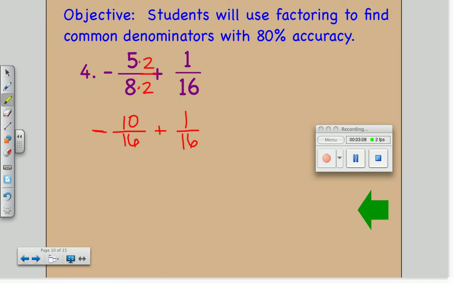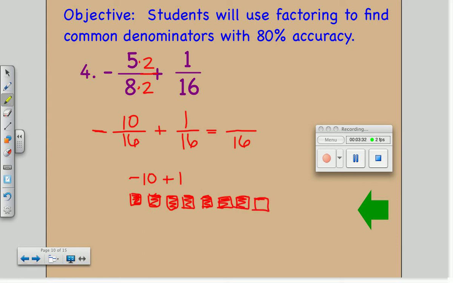So I know my denominator is going to be the same. But what about my numerator now? Negative 10 plus 1. So if you're using algebra tiles, it's like you have negative 10 of them. 1, 2, 3, 4, 5, 6, 7, 8, 9, 10, and 1 positive.